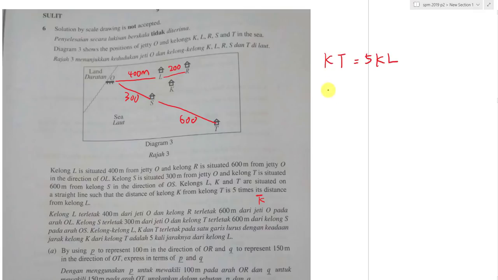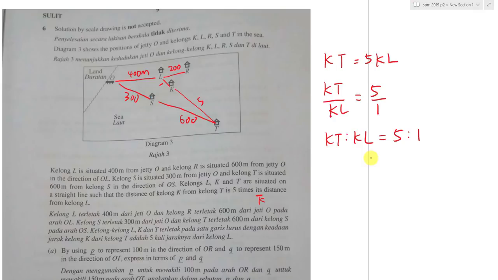I prefer to write KT over KL is 5 over 1, because I just move the whole thing to the other side. Therefore KT ratio KL is 5 ratio 1. So KT is ratio 5 and KL is ratio 1. This is all the information I have so far from the question.